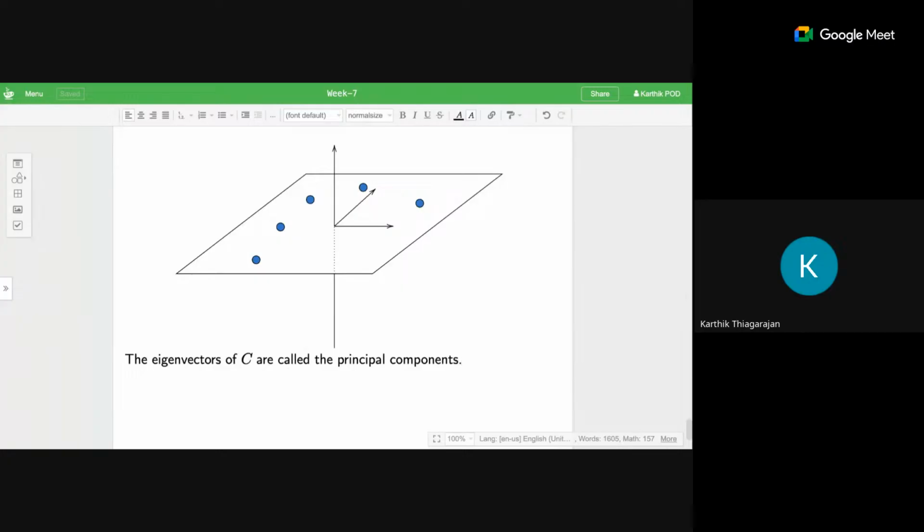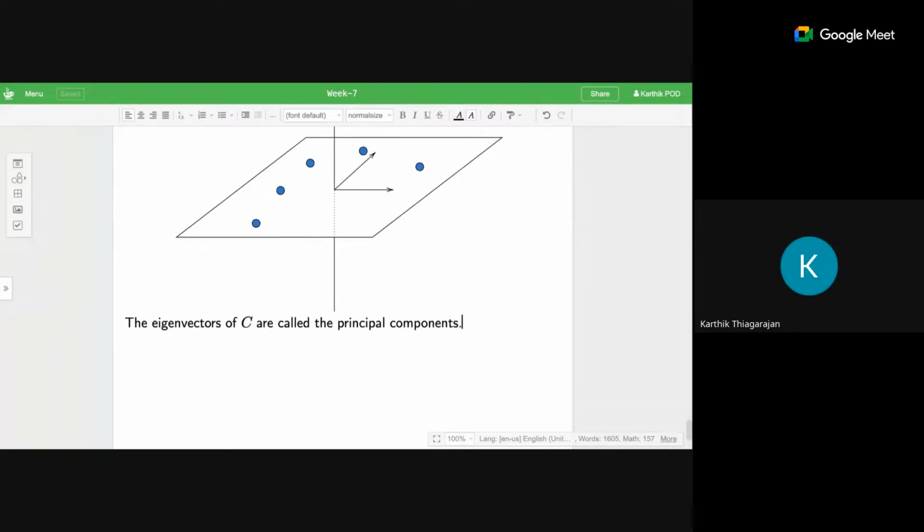And take those w1 and w2, those two eigenvectors, and project your data set onto those two vectors. That will be your reduced data set. In general, you will have lambda 1 greater than or equal to ... lambda d, and the corresponding w1 to wd are going to be called the d principal components.